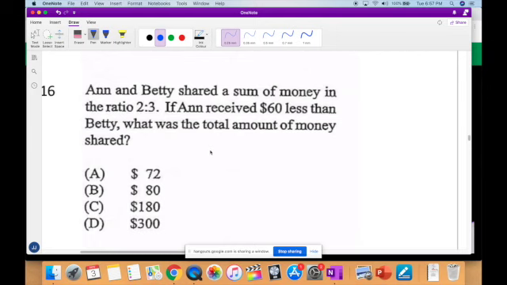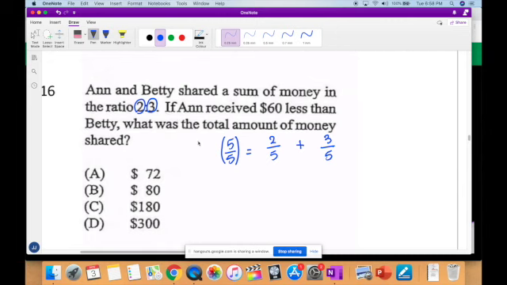Alright. Now as I say, algebra is a superpower, and I just use algebra for everything. So at the end of the day, we can see here that Anne has 2 parts and Betty has 3 parts. So the total is 5 parts. So we know the total is 5 out of 5, and Anne has 2 out of 5, and Betty has 3 out of 5.